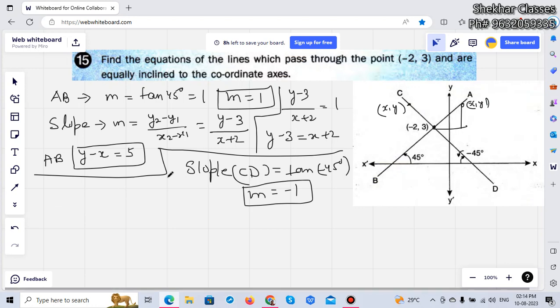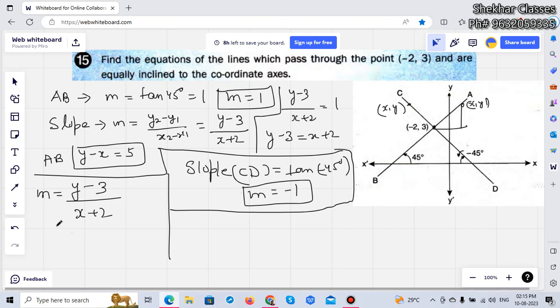Now the slope is minus 1, and we get the slope m as (y2 minus y1) upon (x2 minus x1), which is y minus 3 upon x minus (minus 2), so x plus 2.